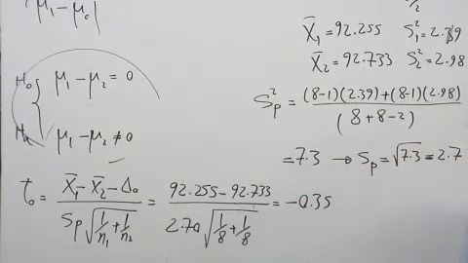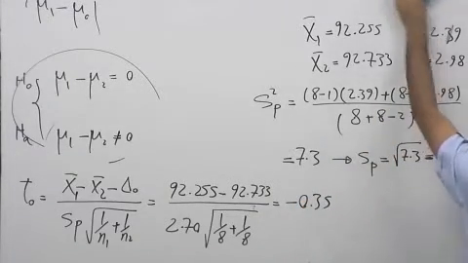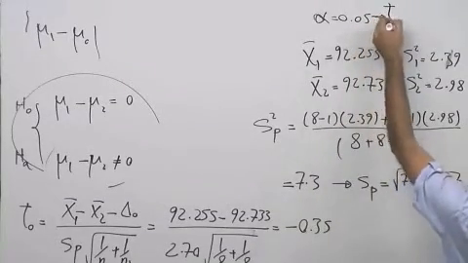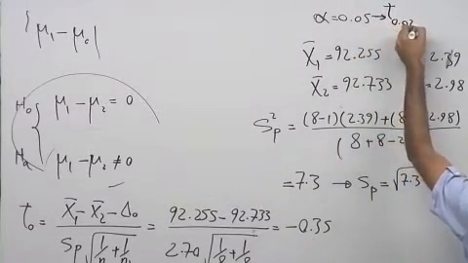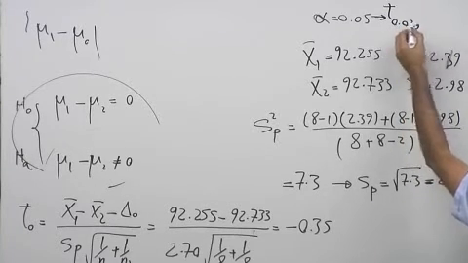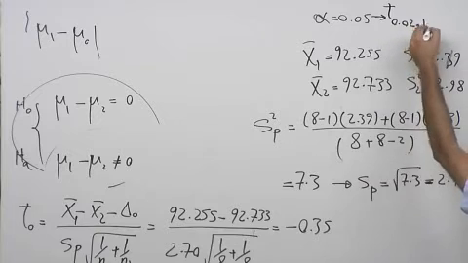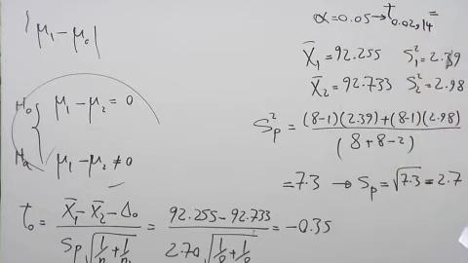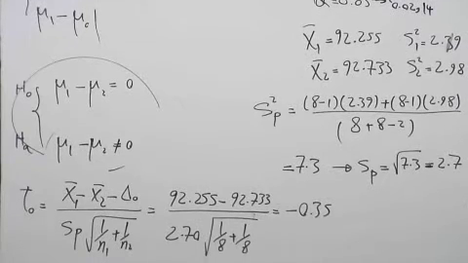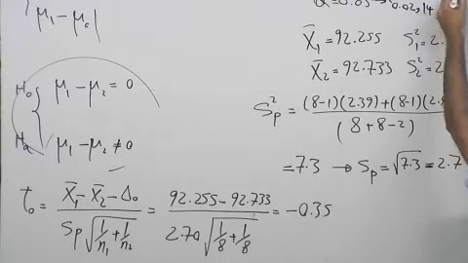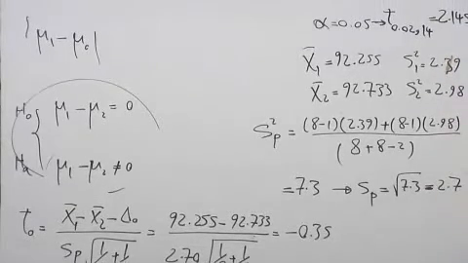So here it's the T distribution. So we don't care about Z. We need to find T of 0.025, and the degrees of freedom is what? 8 plus 8 minus 2, which is 14. From the table, this guy is 2.145.